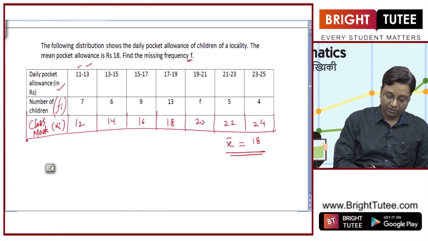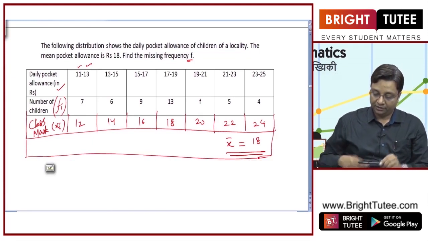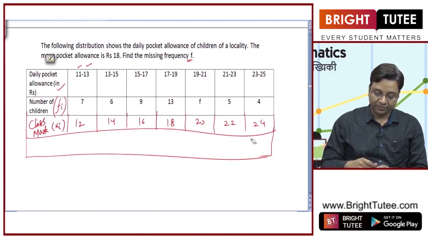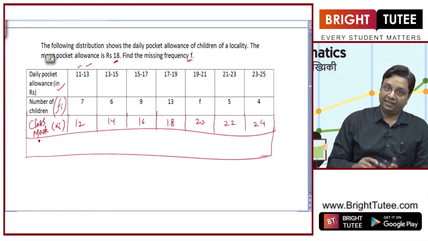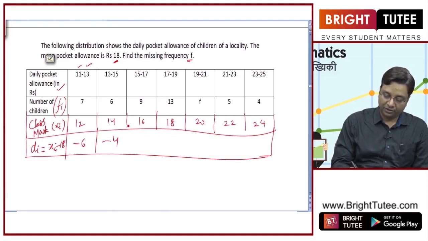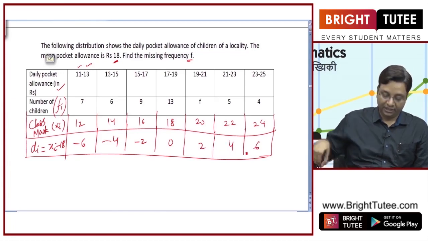Now what we can do is assume a certain mean. In this question we are lucky that we are already given a mean which is 18, right? So if I take it as my assumed mean and calculate di here, xi minus 18, it will give me minus 6, minus 4, minus 2, 0, 2, 4 and 6 here, right?